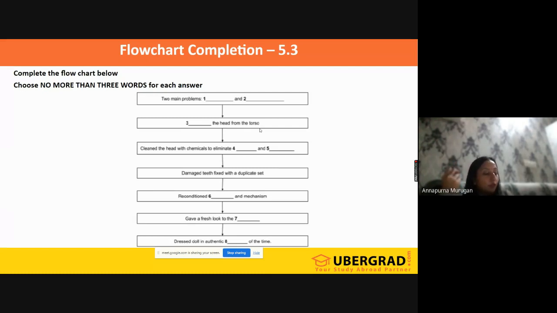Yes, the verbs do change depending on the sentences, Aftab. When I do the writing, I'll be giving one class of grammar where I'll tell how these verbs will be changing. Why? Because separated the head from torso sounds like past tense, but here we are presenting the flow chart.